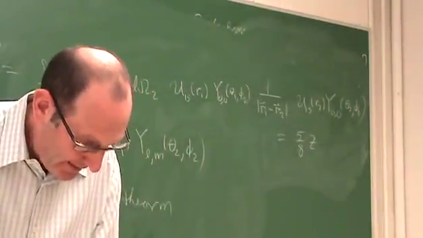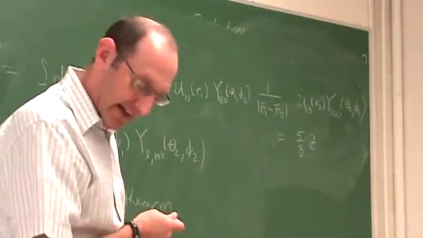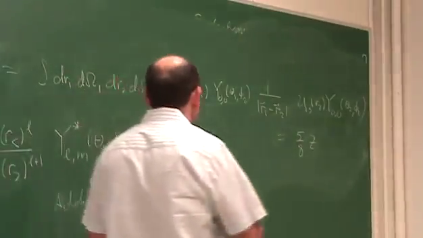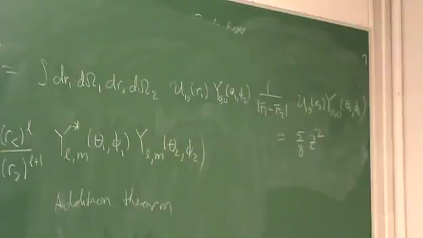Z squared? Yeah. No, that's no. Yeah, I guess that's right. No, it can't be right. It's Z squared. It's wrong in the notes. Okay.